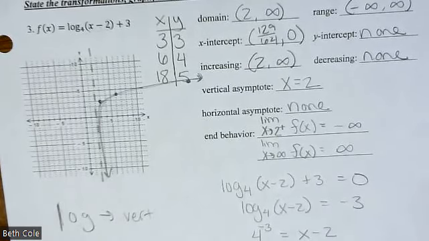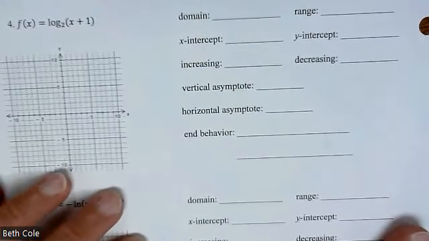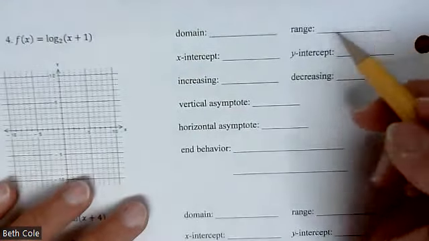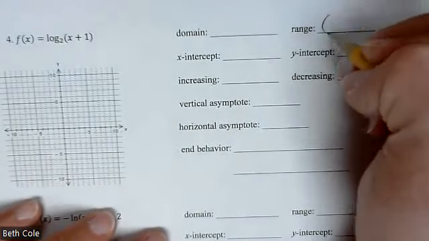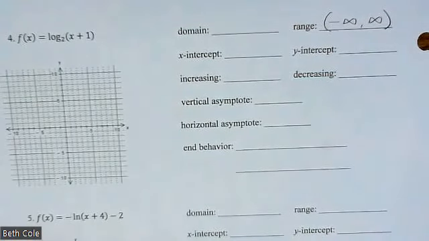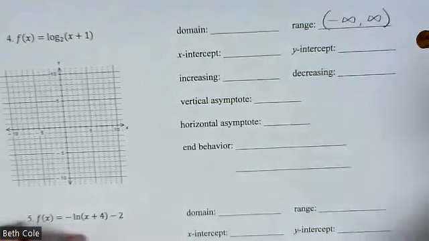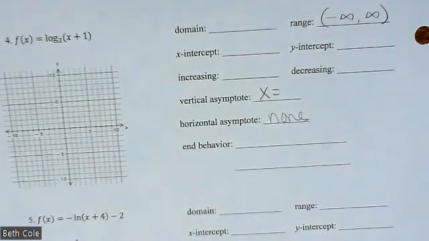We're doing good on time. Let's fill in what we can. Range is going to be what? Yep, range is everything. For exponential, domain is all reals. So for logarithmic, range is going to be all reals. There is no horizontal asymptote. Instead, it's vertical.